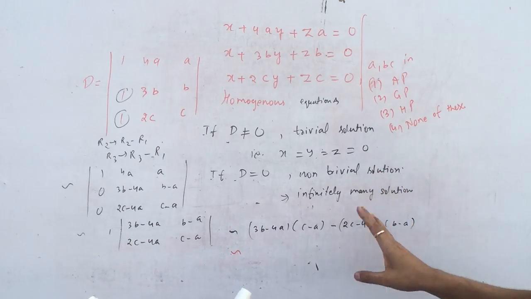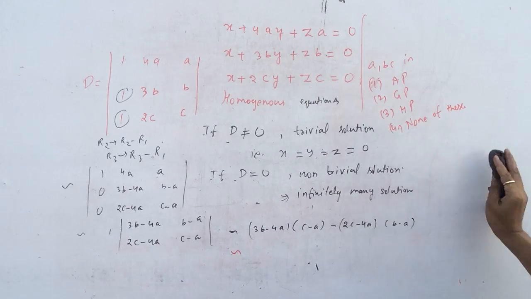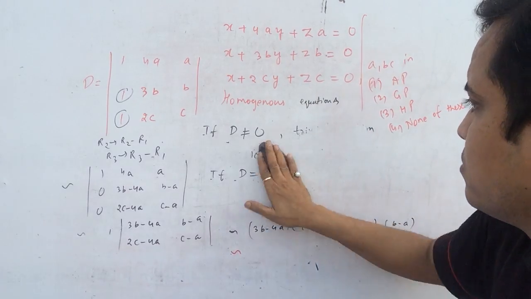So you have to check it. What is given here? The system of equations has a non-trivial solution. That means d equals 0.